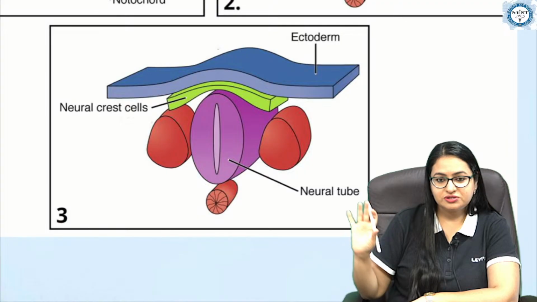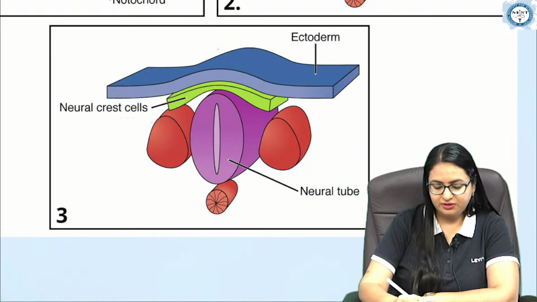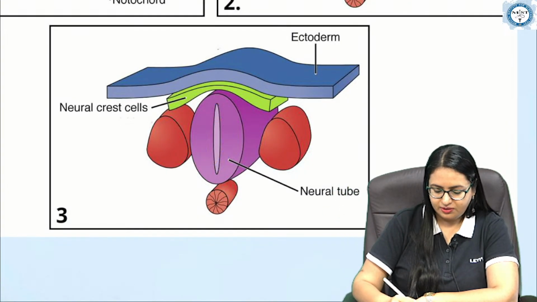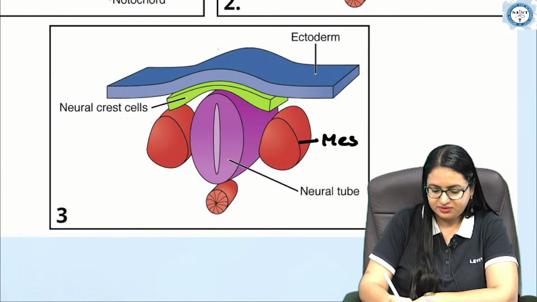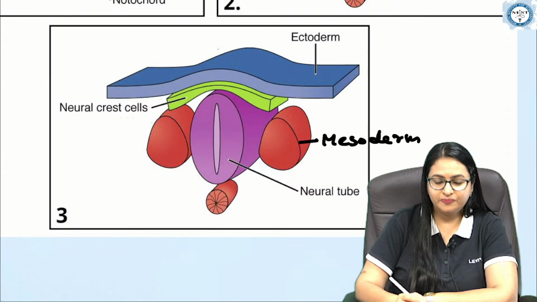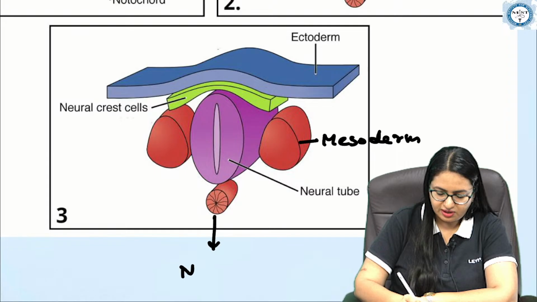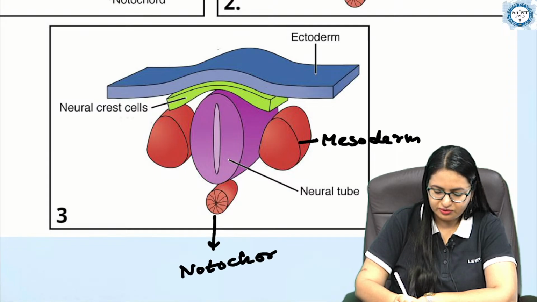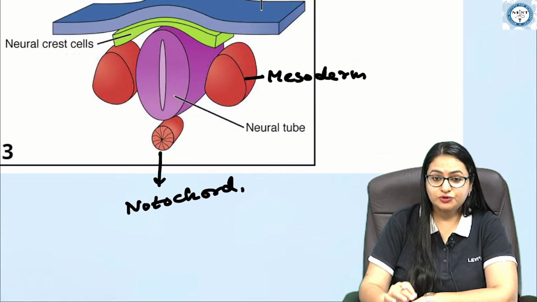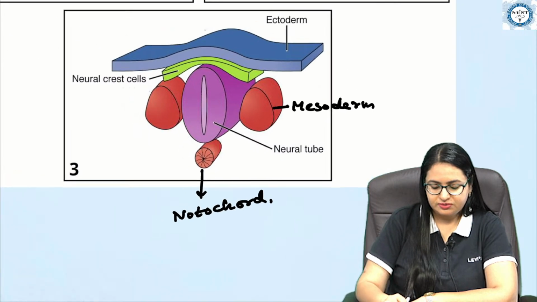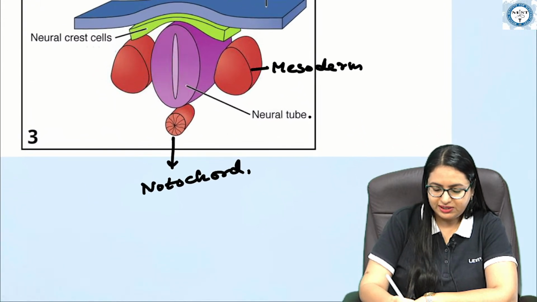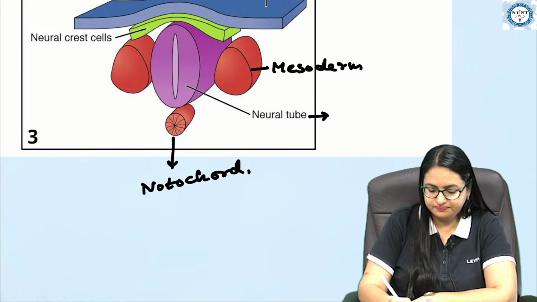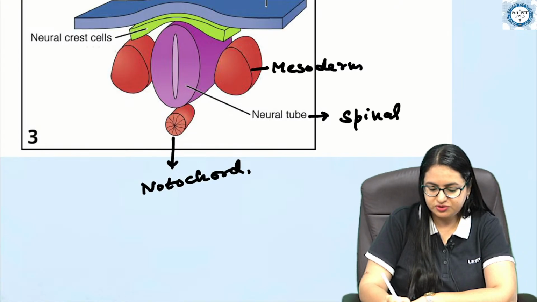Towards the anterior side, the round structure is the notochord. And the neural tube will help in the formation of what? Spinal cord, like in the options it is written.